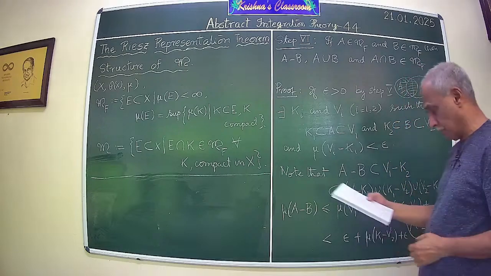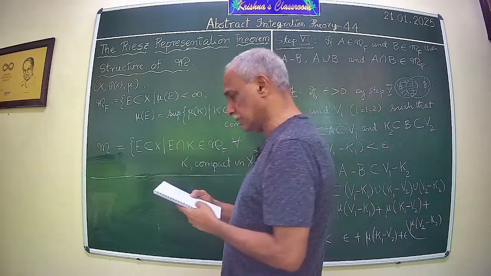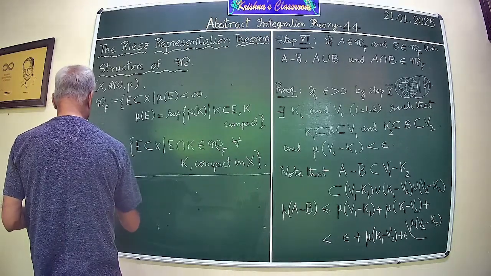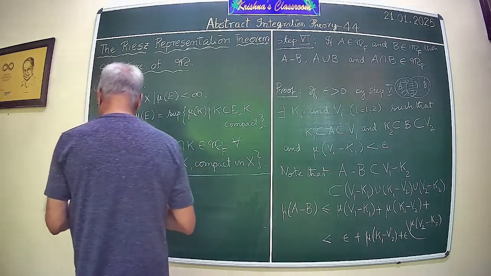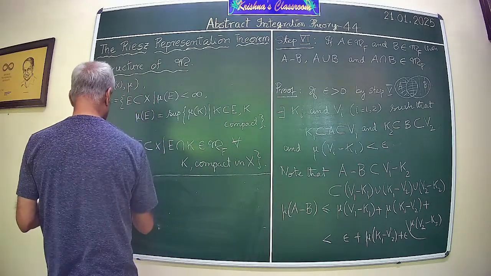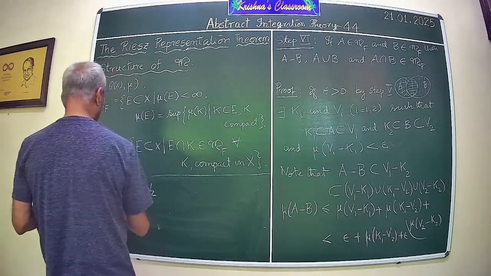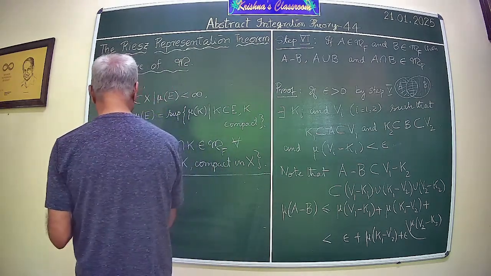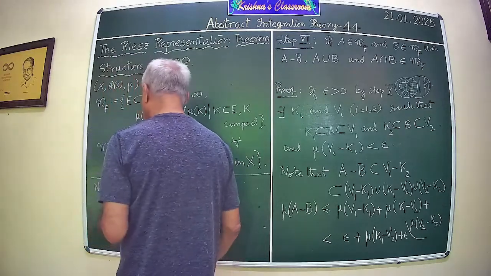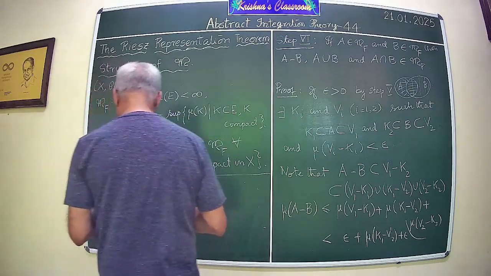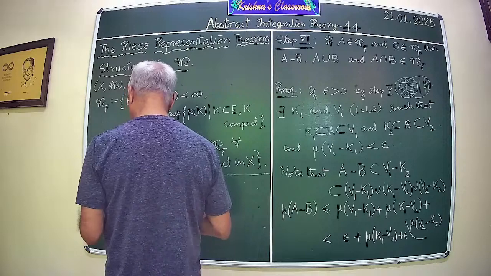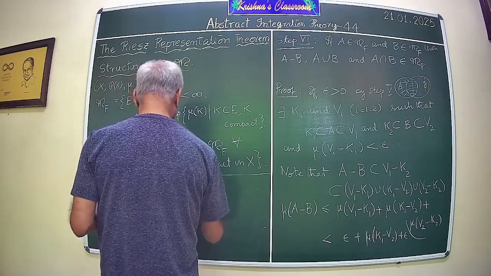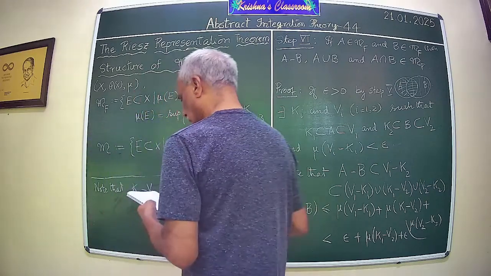And then what we get immediately from this is, note that K1 is compact and V2 is open. So K1 minus V2 is the intersection of K1 with V2 complement.